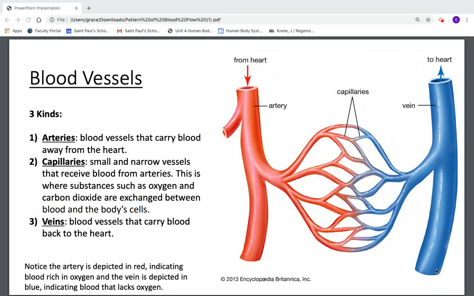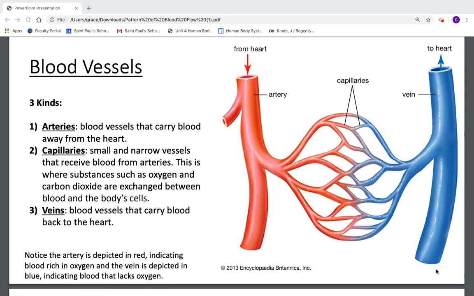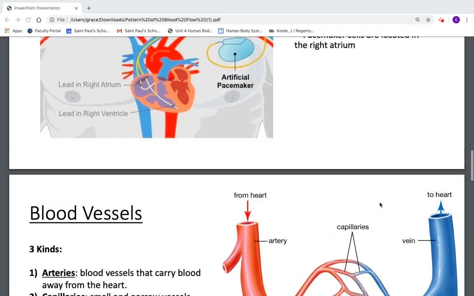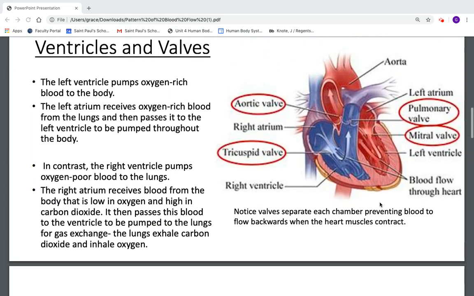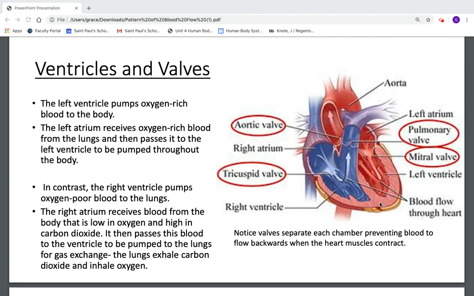And notice, in most diagrams and pictures of hearts, the artery is usually depicted in red, indicating that the blood is rich in oxygen, and the vein is depicted in blue, indicating the blood lacks oxygen. However, if we scroll up back to our diagram of the heart, the pulmonary valve leads also into an artery. This artery carries blood leaving the heart to the lungs.